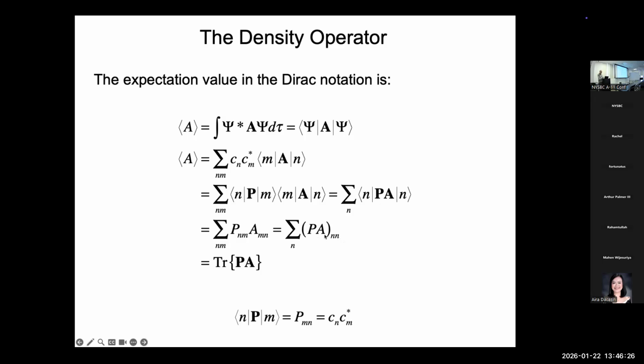And the sum of the diagonal of a matrix is called the trace of the matrix. So in the Dirac notation, the expectation value, what we want to measure, is obtained as the trace of the product of this projection operator times the operator of interest.